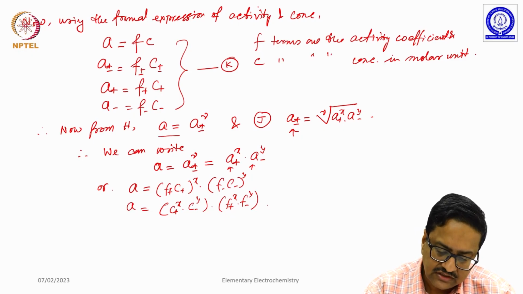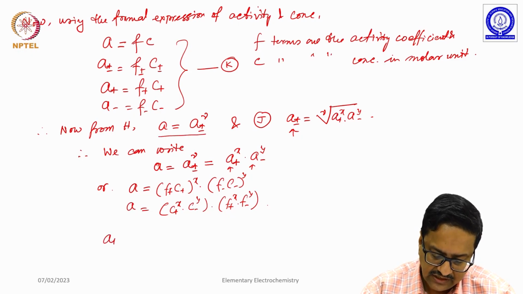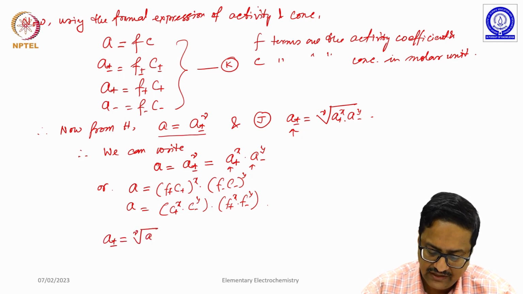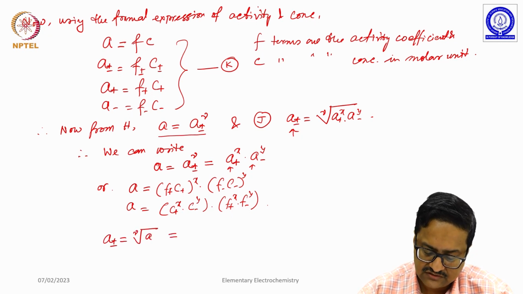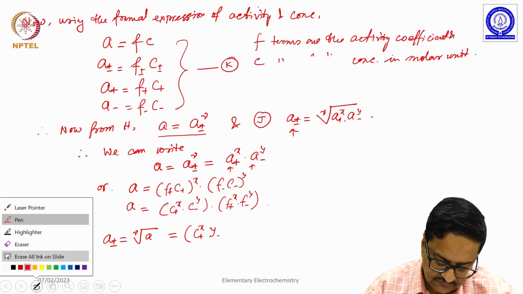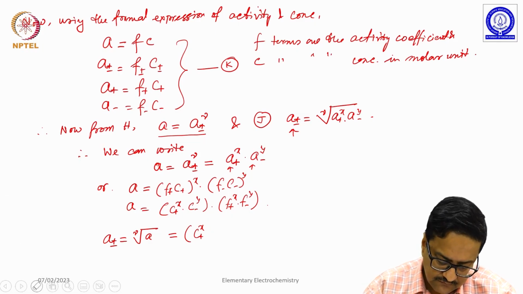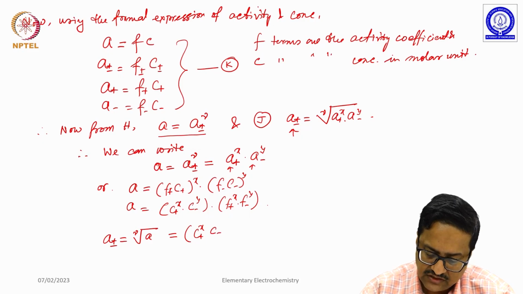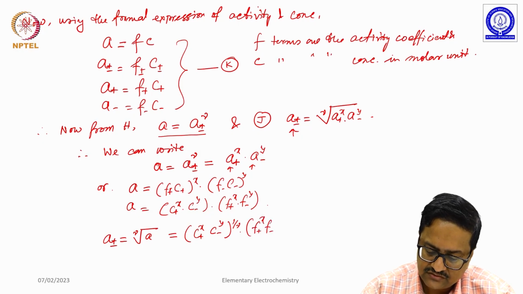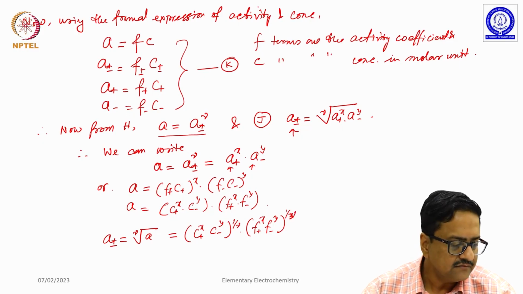So, from this equation we know that A plus minus is equal to nth root of A, which essentially means that it is equal to C plus to the power x, C minus to the power y, to the power 1 by nu, into F plus to the power x, F minus to the power y, to the power 1 by nu, right.